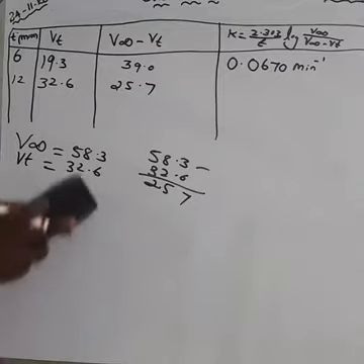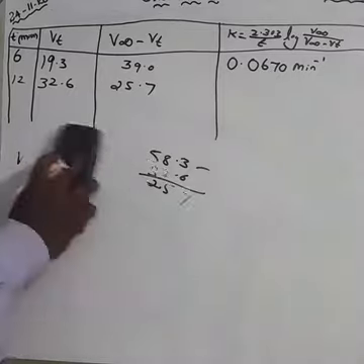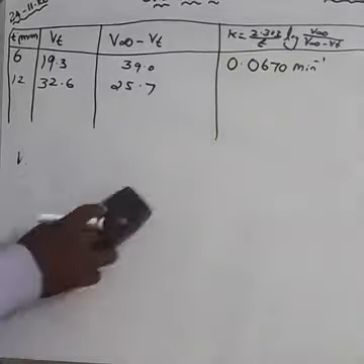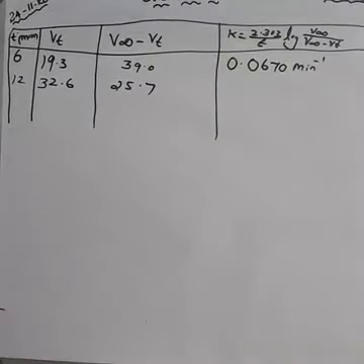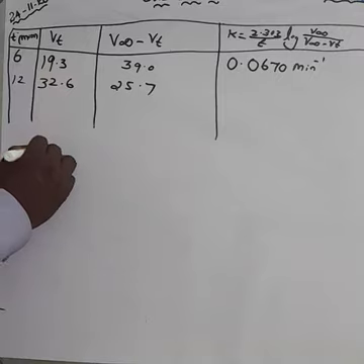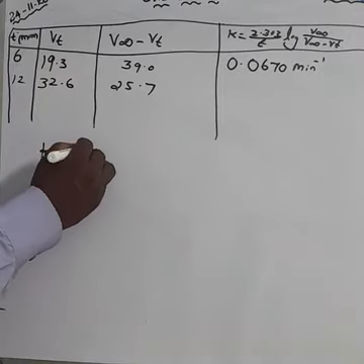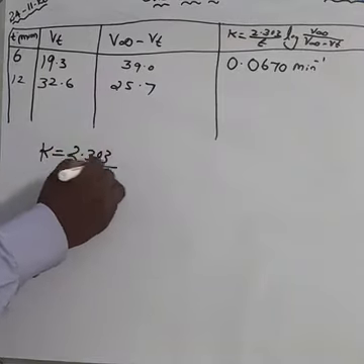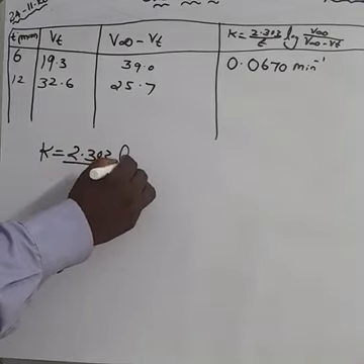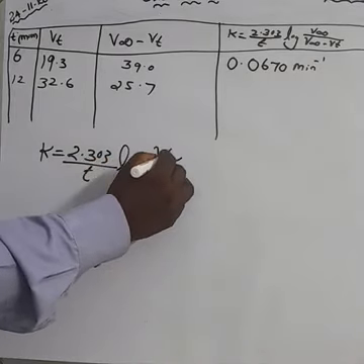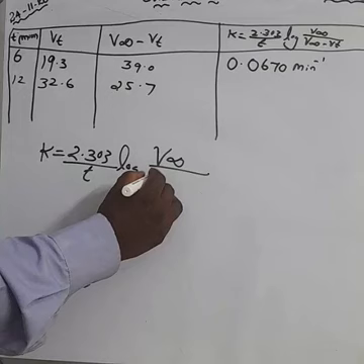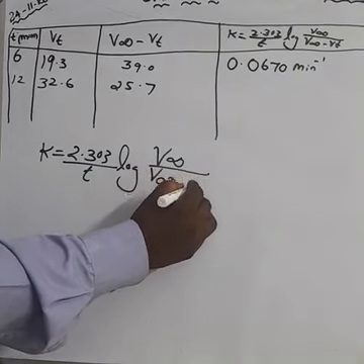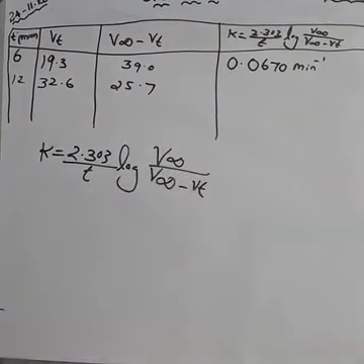Anyhow, we have to calculate the first order rate constant. What is the formula? k is equal to 2.303 divided by time, log of V infinity divided by V infinity minus Vt. This is the formula.